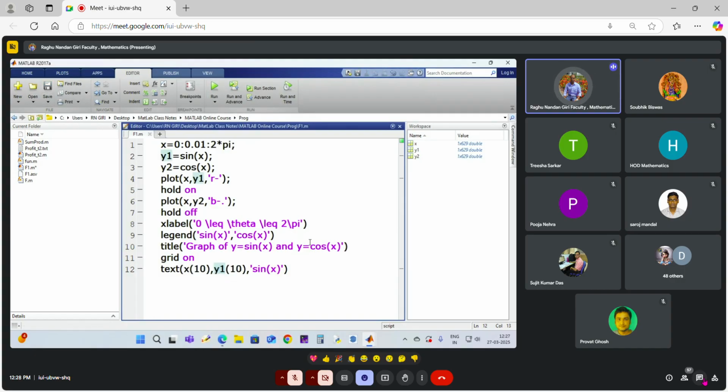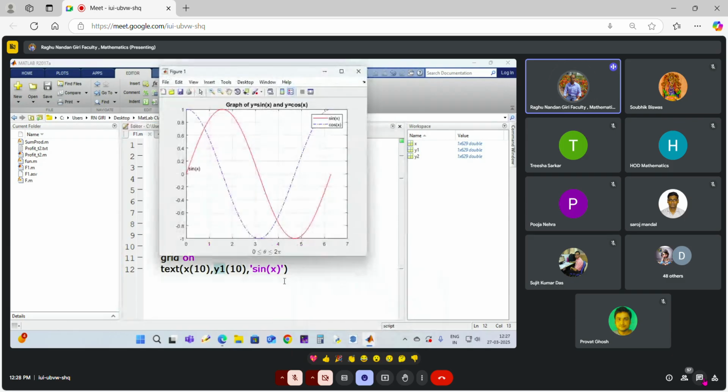So see the figure. In this figure, at the x10 y10 point, there is sin x.